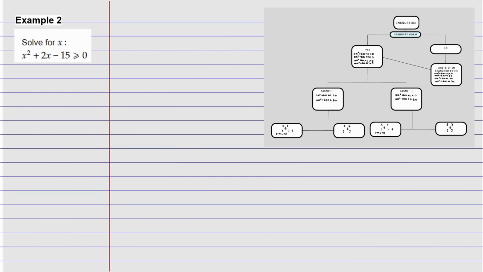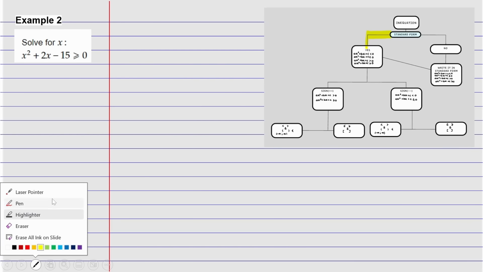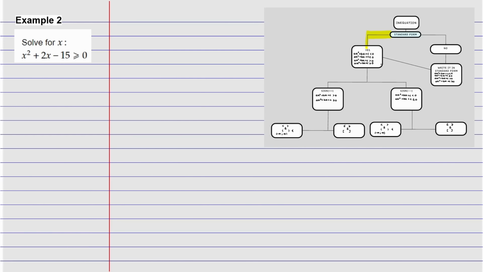Now taking the same question, but now we're going to say greater than or equal to, right? So again, I'm going to take my highlights and we're going to go to this diagram, and we're going to ask ourselves, is it in standard form? And we're going to say, yes, it is in standard form. And which one is it? It's the greater than and equal to. So it's going to be this one, the last one.